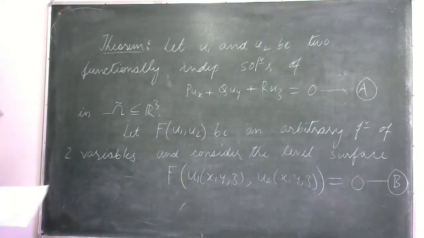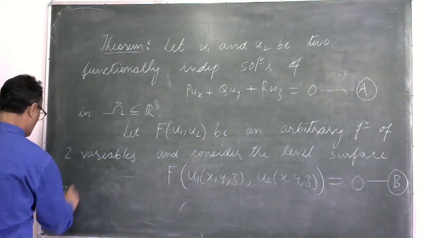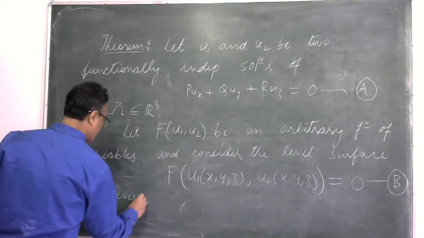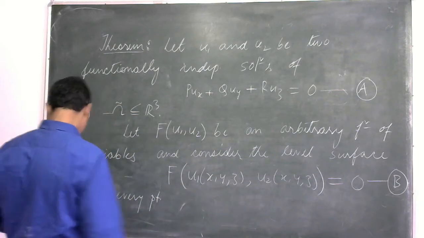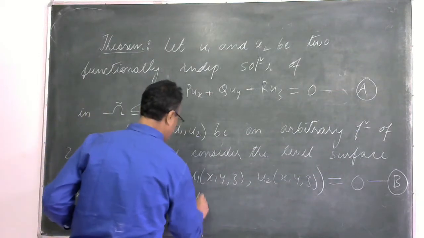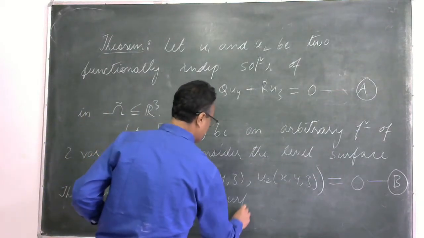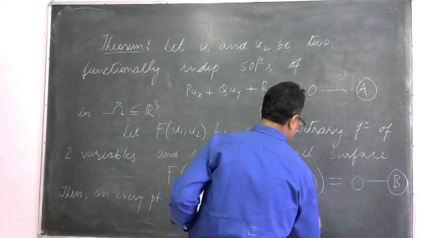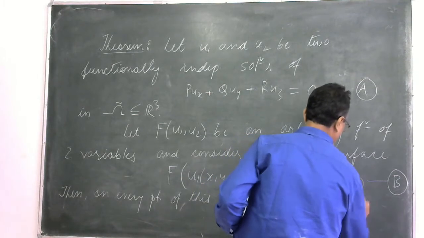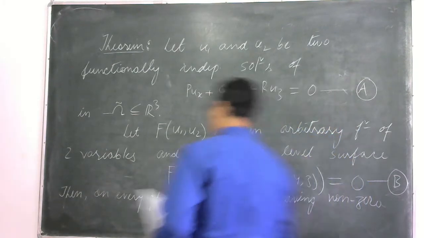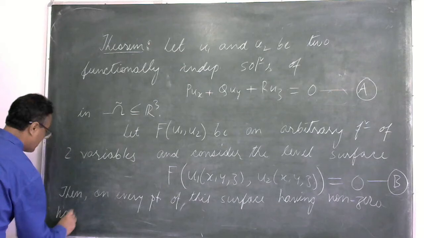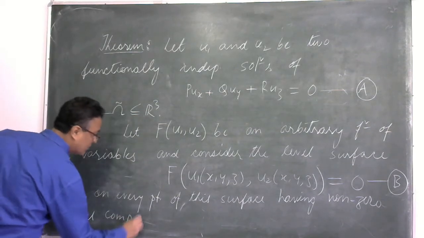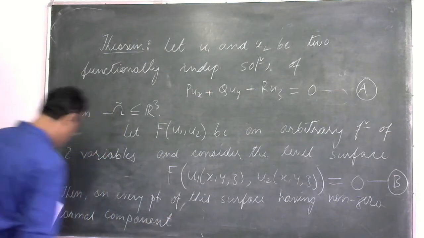Then on every point of this surface having non-zero normal component, non-zero normal component.